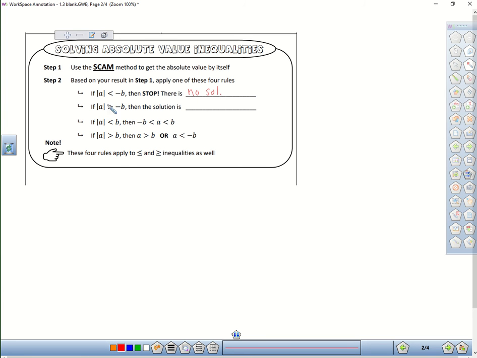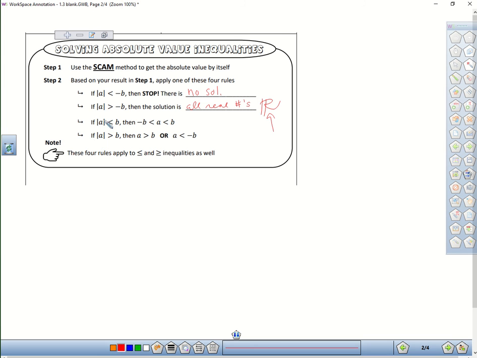If the absolute value of a is greater than negative b, then the solution is all real numbers, also known as the set of reals, which is denoted by this symbol here.